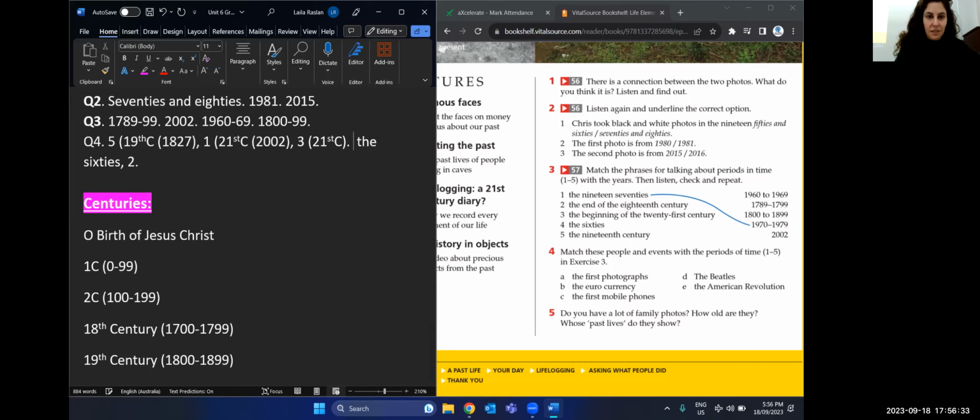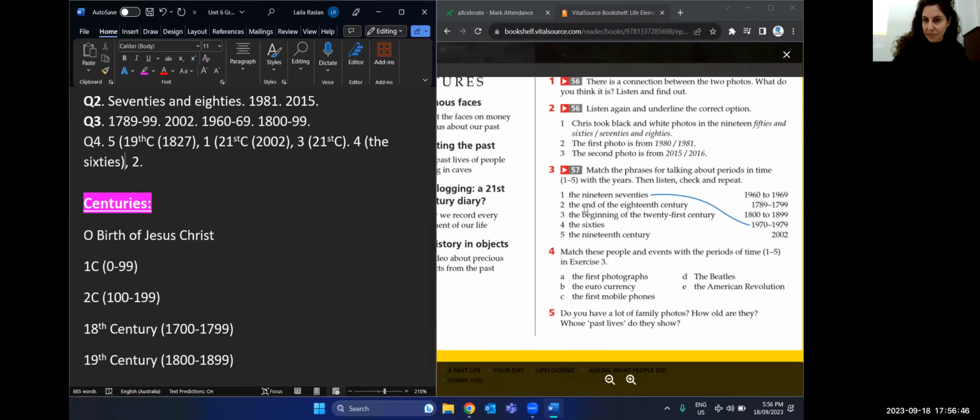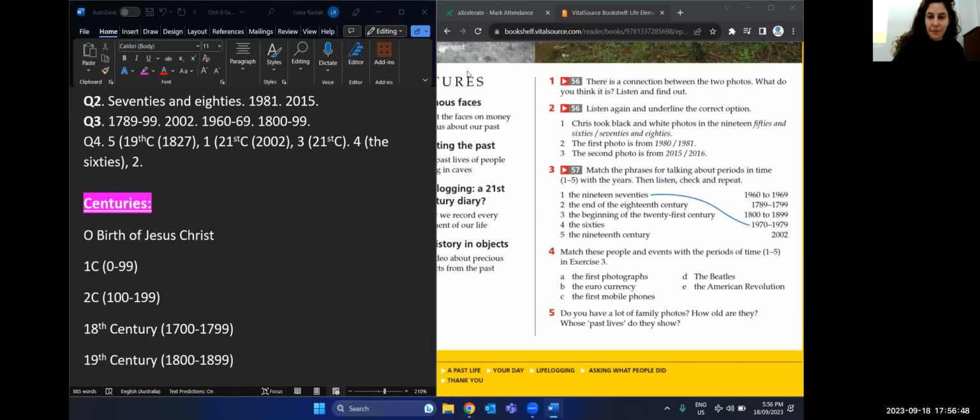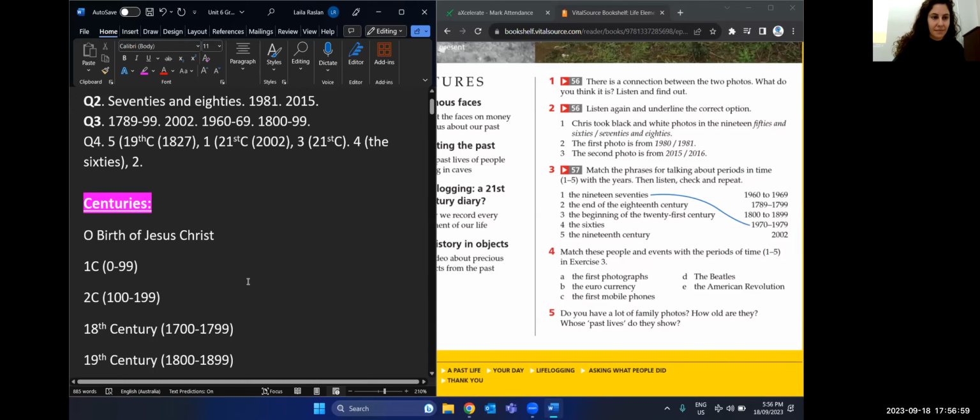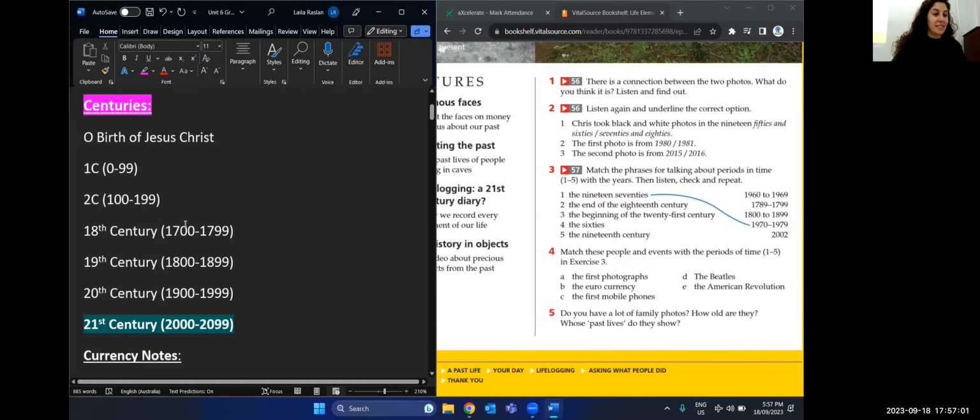The Beatles was number 4, the 60s. And then we had the last one, the American Revolution, number 2, the end of the 18th century. Okay, so I hope you got that. So then 5, 1, 3, 4, 2. And we talked about the centuries. Now we know how to talk about the centuries.